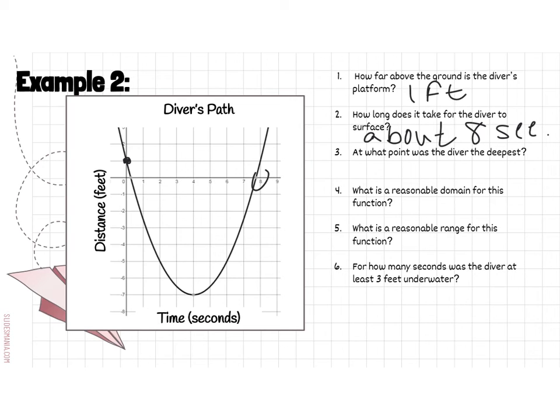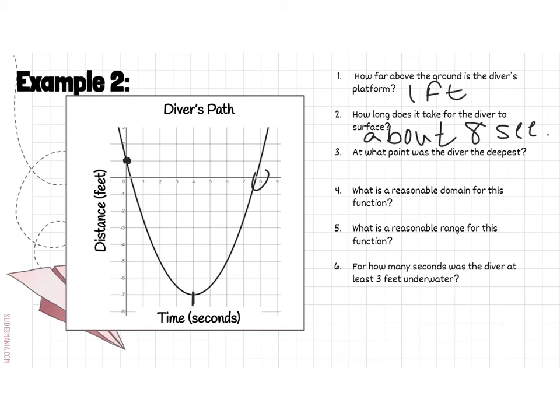Okay. At what point was the diver the deepest? Okay, so this was a hard question for me to write because I wanted you to focus on the minimum point, but it seemed weird to say minimum depth because this seems like a maximum depth to me, which is the minimum point, you know what I'm saying? So at what point were they the deepest? It's right here, right?